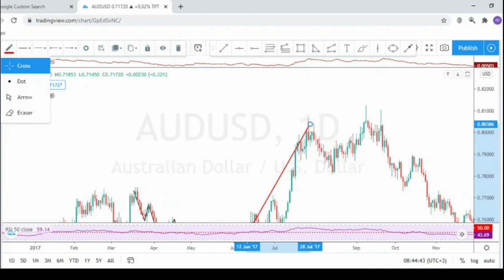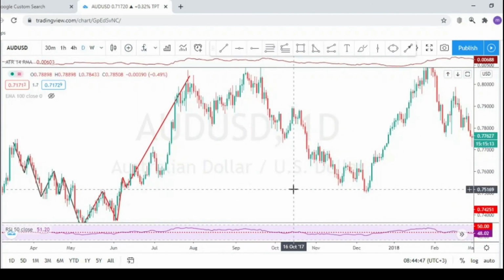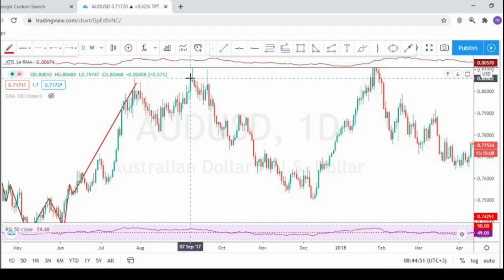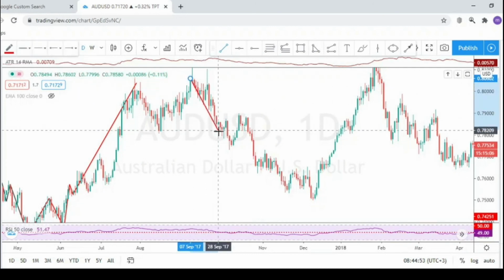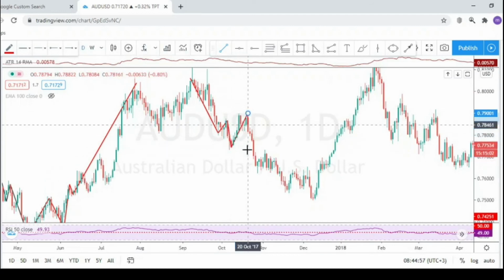And there are multiple examples, guys. You know, we can go, another example is here. This market is trending here to the downside, trending to the downside.